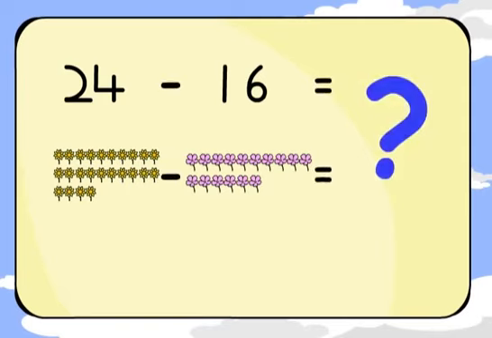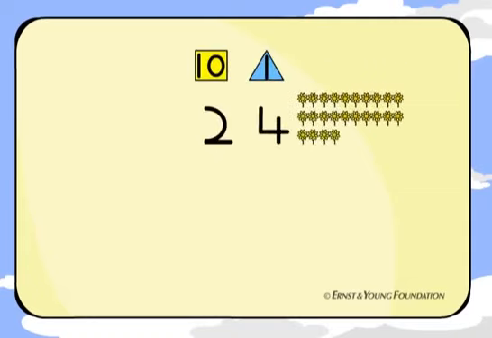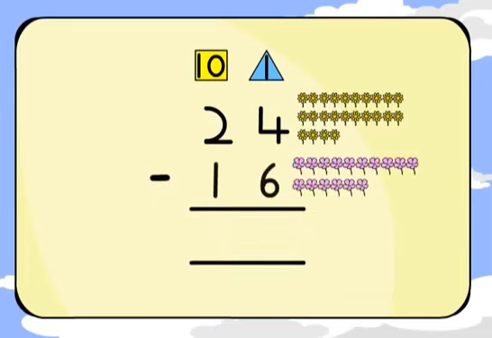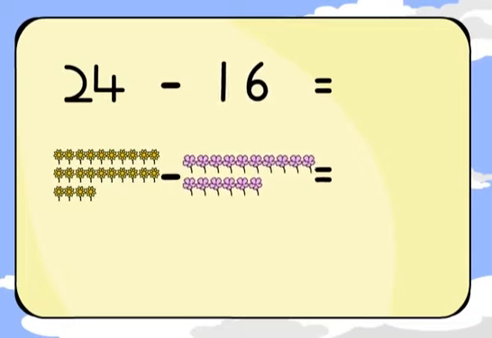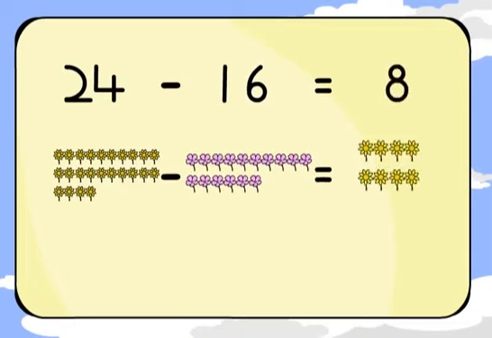How many more yellow flowers are there? 24 minus 16 is equal to 8. There are 8 more yellow flowers.